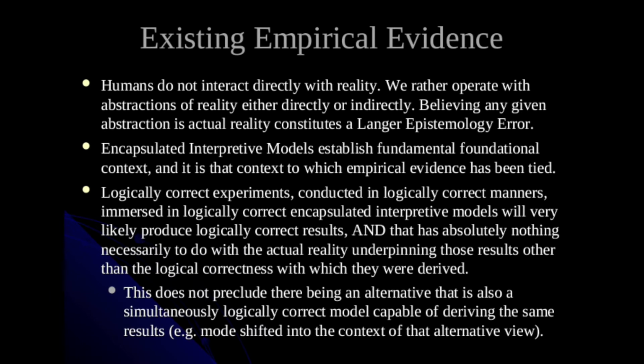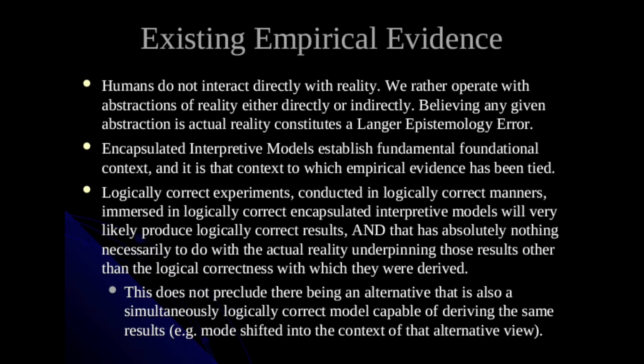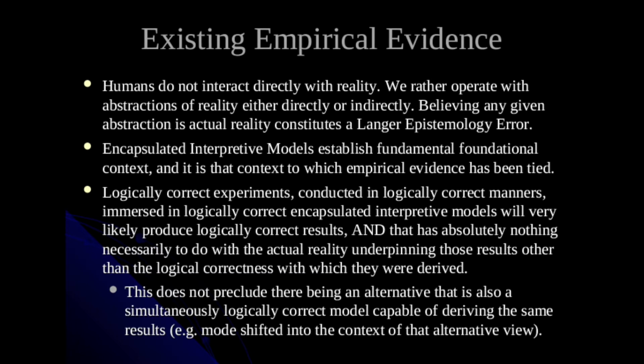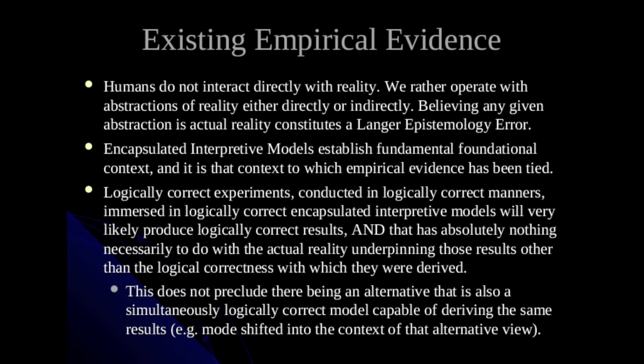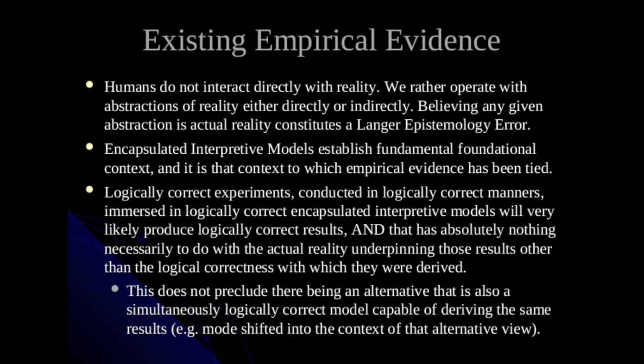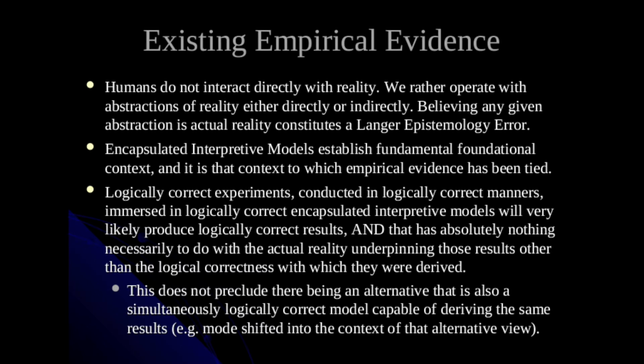And that does not preclude there being an alternative to that same experiment. It can also be simultaneously logically correct with what was done. It's just that it's a different model. And the point there is that when you mode shift an experiment between M1 and M5, what you're going to find is that they are both simultaneously true because they are both logically correct.